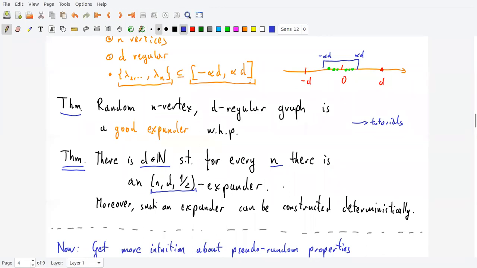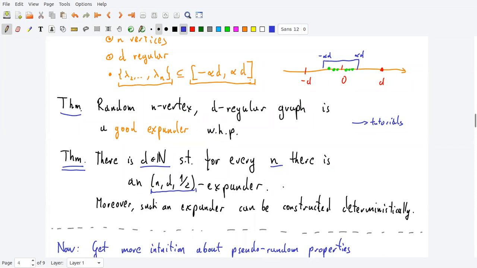So in some sense, these expanders are very often used as pseudo-random objects for various derandomization arguments. They can be used as pseudo-random objects where various random behavior still is there and can be somehow quantified.